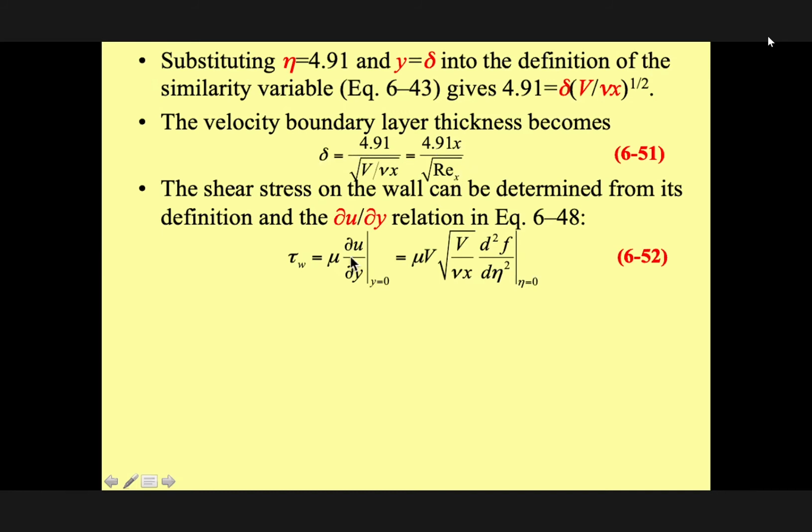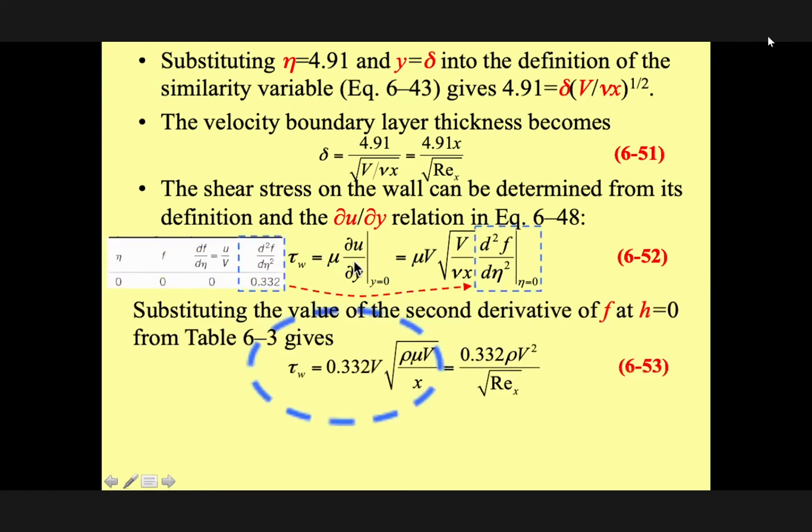I'm not going into this part because this is fluid mechanics, and I'm not interested in this part. Going back to defining tau, they find tau based on similarity. They find a constant number here, and again this represents a Reynolds number.